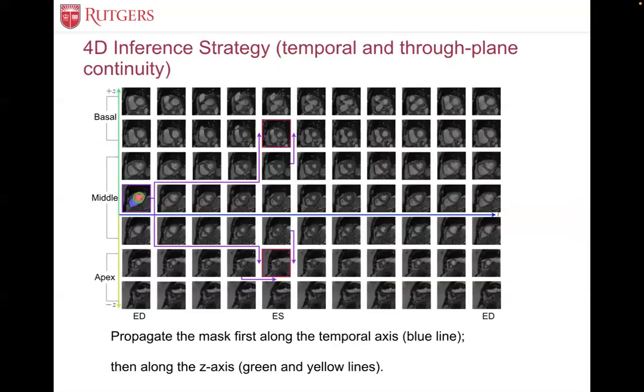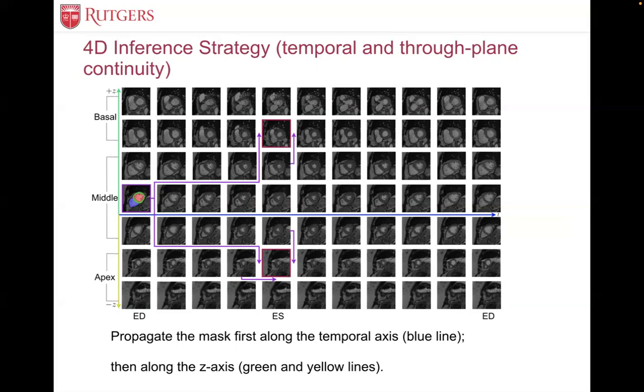The last contribution is the 4D inference strategy, where we make use of the temporal and through-plane continuity prior in a 4D image sequence. During inference, we first propagate the segmentation mask along the temporal axis, and then we do the mask propagation along the z-axis.